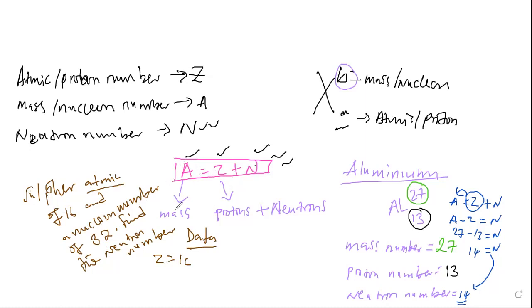Mass number is represented by A. So you say A is equal to 32. Then they're asking for the neutron number. Neutron number is N. So the same thing we did here: A is equal to Z plus N, A minus Z equals N. Your A is 32, your Z is 16, so your N is 16. As simple as that.